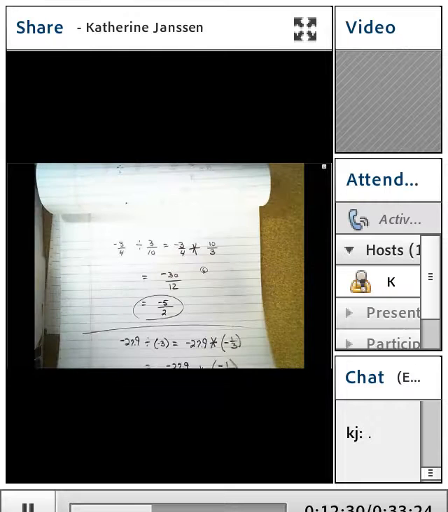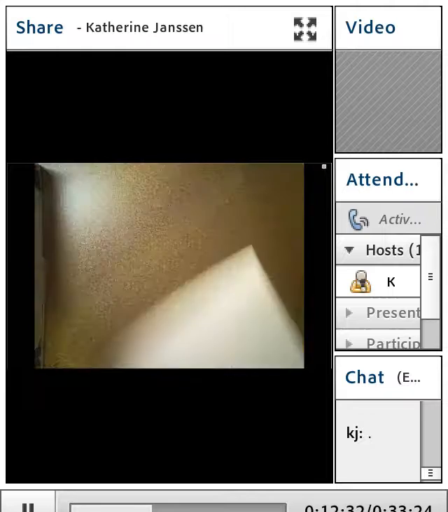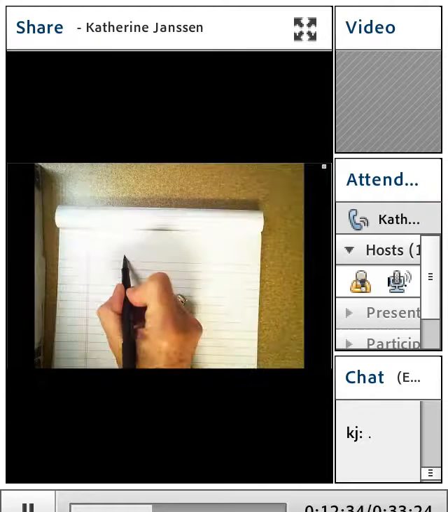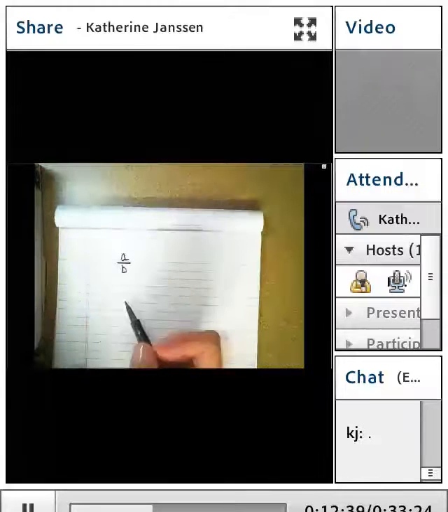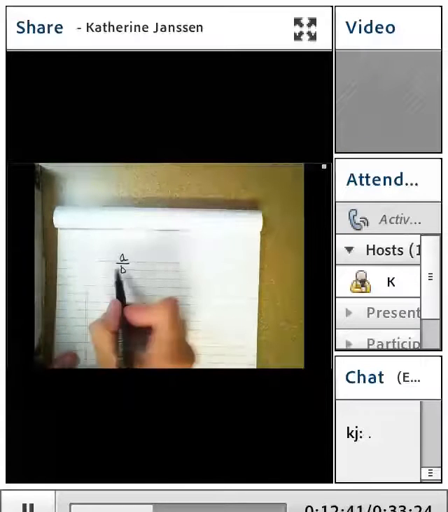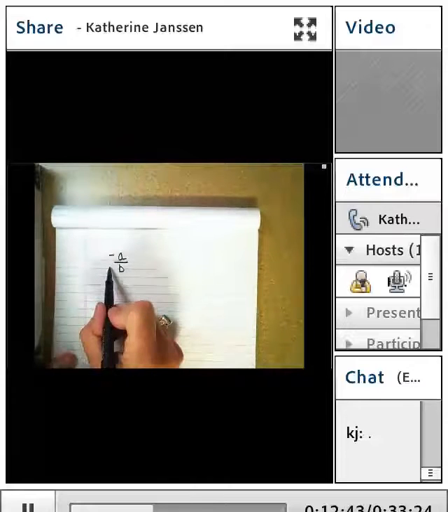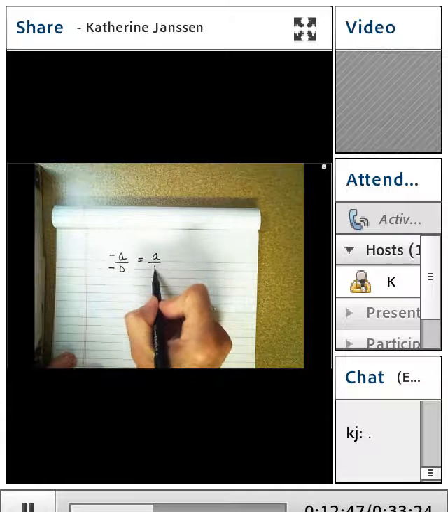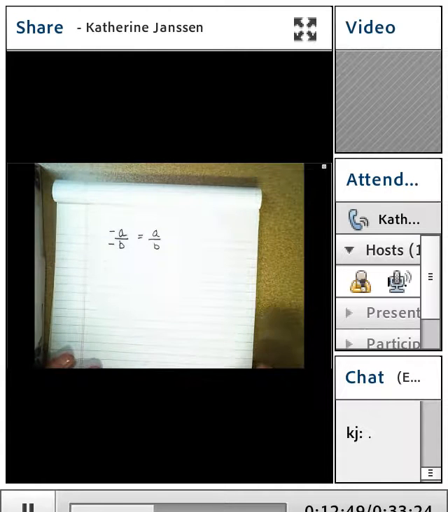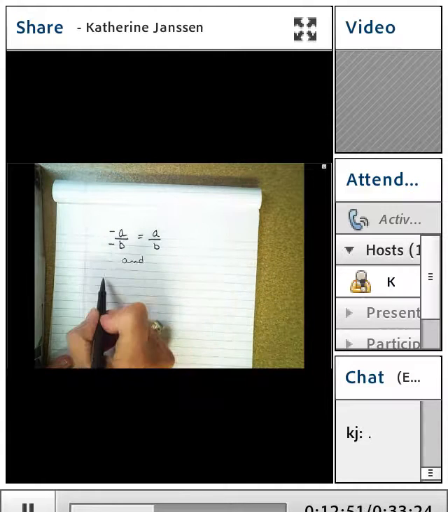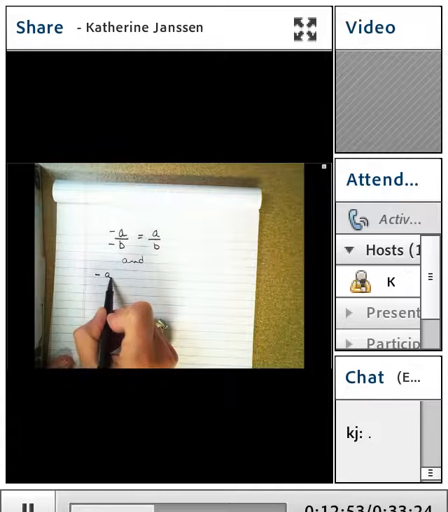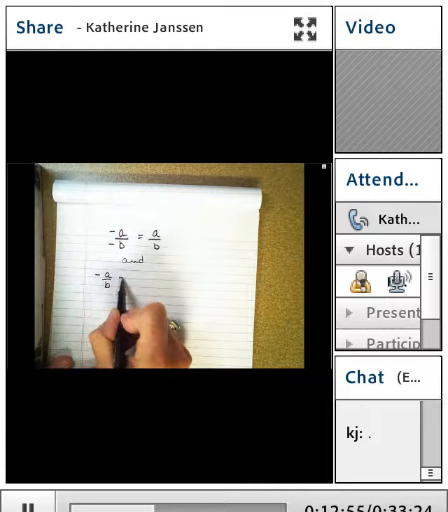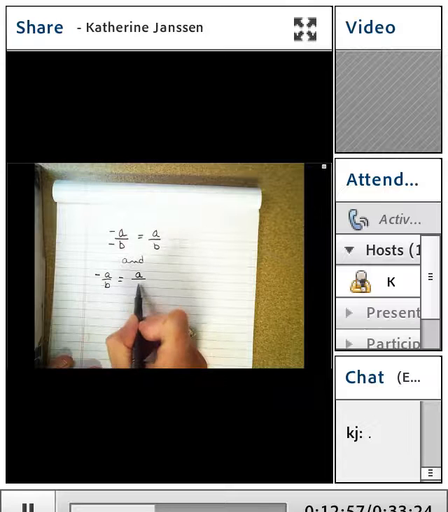And then just a little bit of discussion about sign control of a number. A negative a over a negative b is equal to a positive a over b. And a negative a over b is equal to a over a negative b, which is equal to the opposite of a over b.